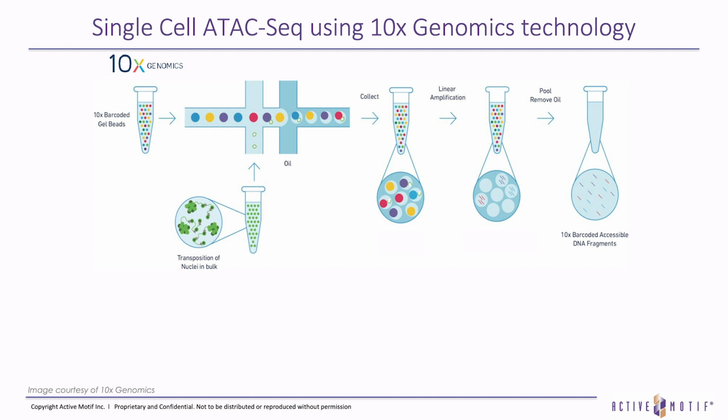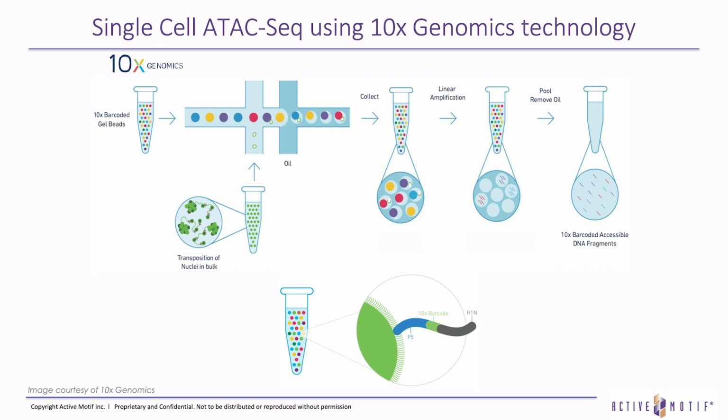And it also is incubated with these barcoded gel beads. These gel beads, if we take a closer look, are covered with thousands of different oligos, and each bead has a unique barcode, such that when a bead comes in contact with a nuclei in the microfluidic device within a capsule of oil, you will be retaining one bead to one nuclei.